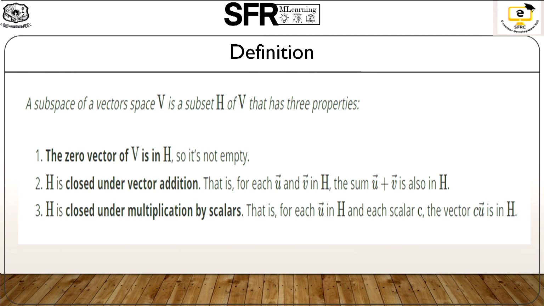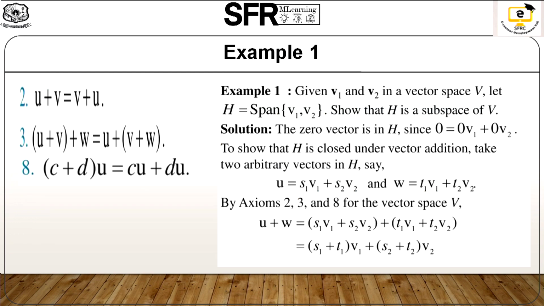This is where the scalar belongs to the field F and the vector is in the subspace H. For any scalar k and u in H, ku should be in H. So, we have to satisfy these three conditions. Number 1, 0 vector. Number 2, vector addition. Number 3, scalar multiplication.